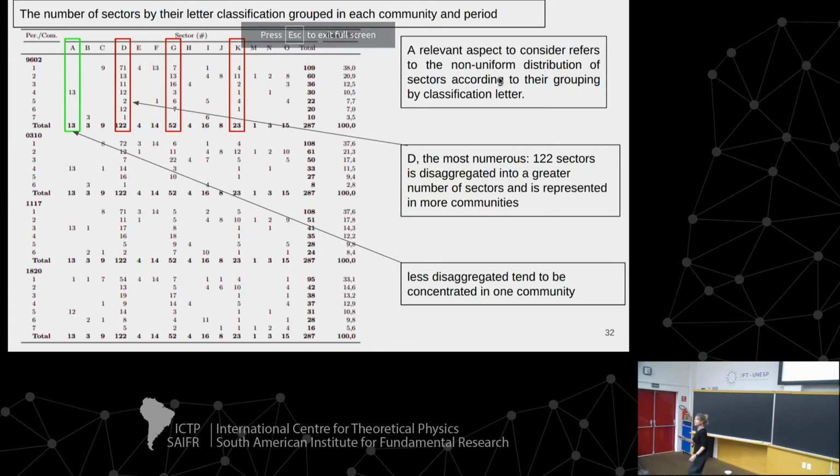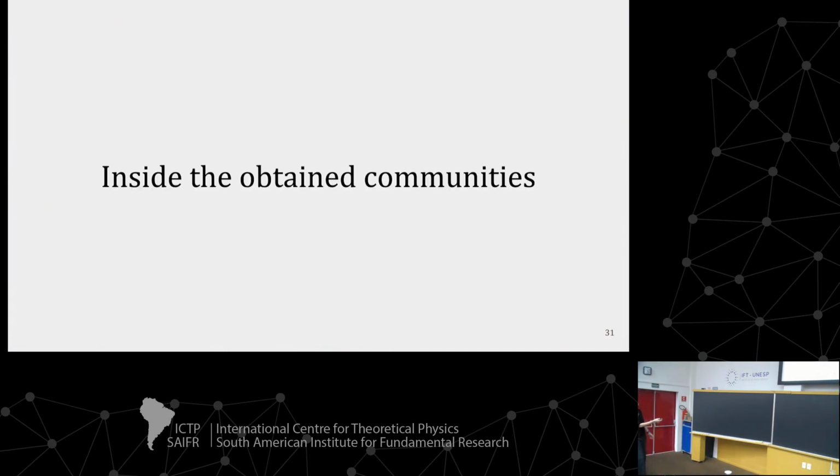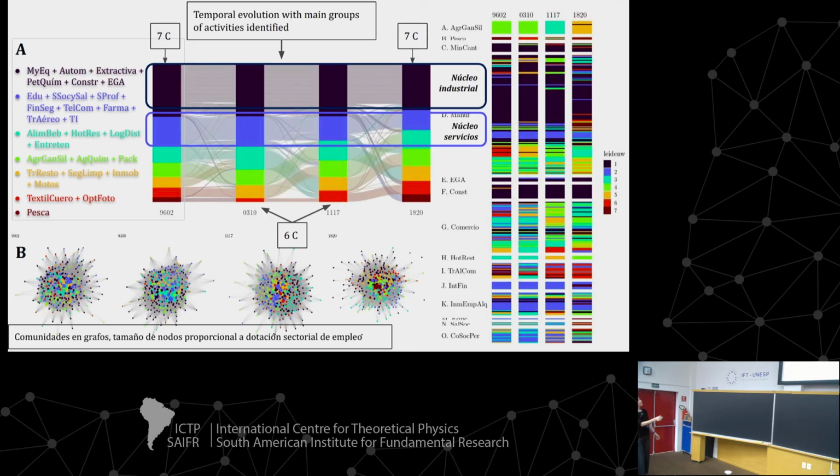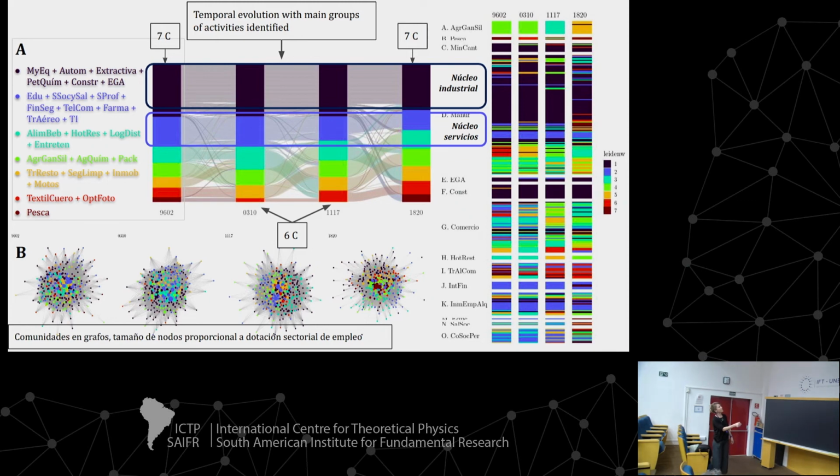What I do is, for example, in this period, I look here, and I say that I observed 7 communities. So these are 7. I want to see what is there inside, because here I have lots of nodes.